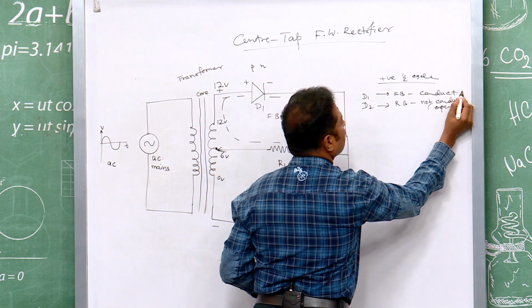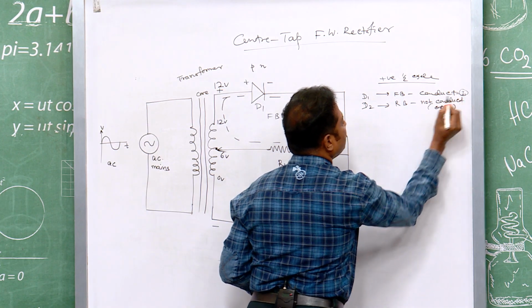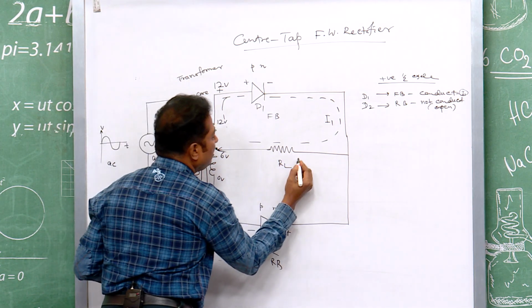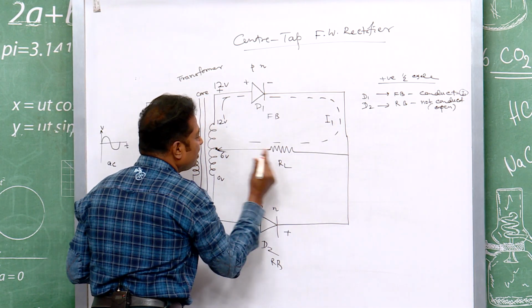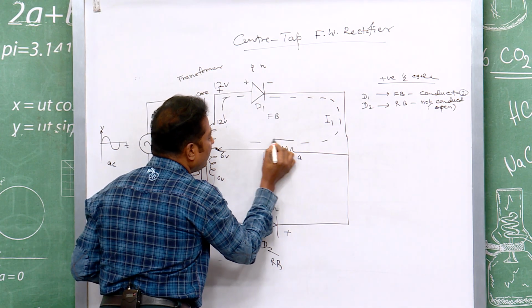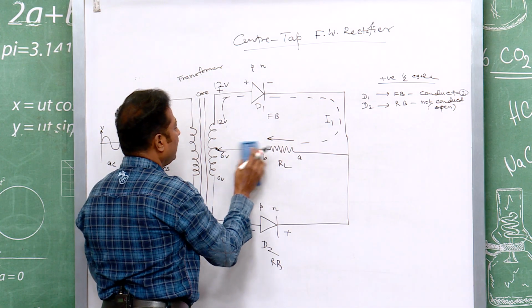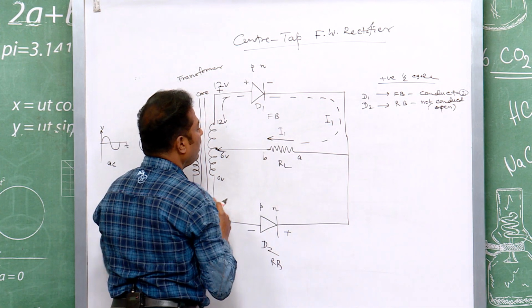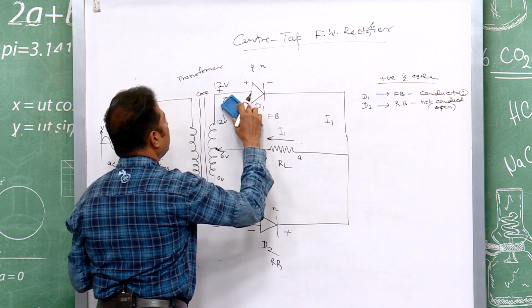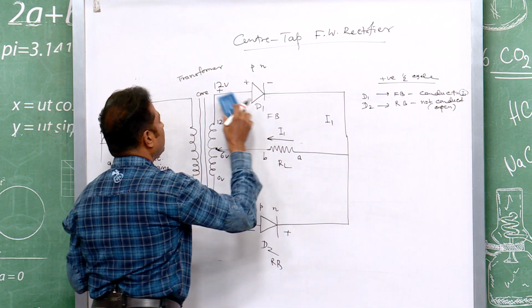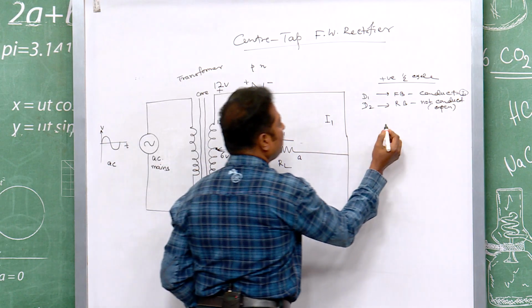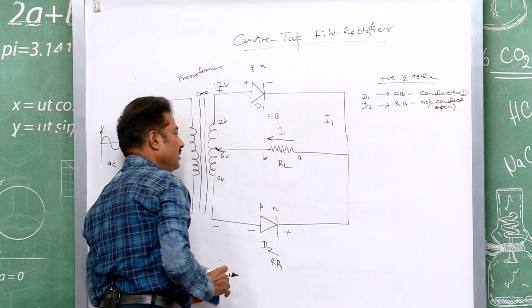So, D1 conducts, that is I1, positive half cycle. Now the current will flow in this direction, if this is A and this is B, then the current will flow from A to B, I1, from A to B.